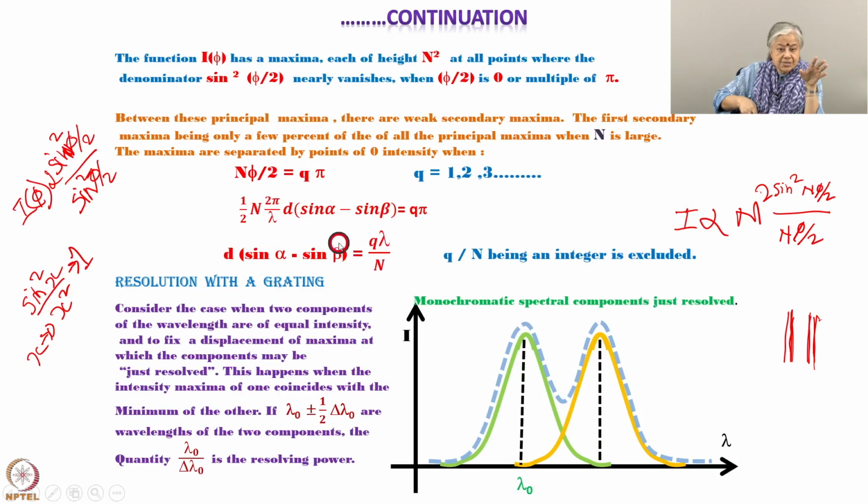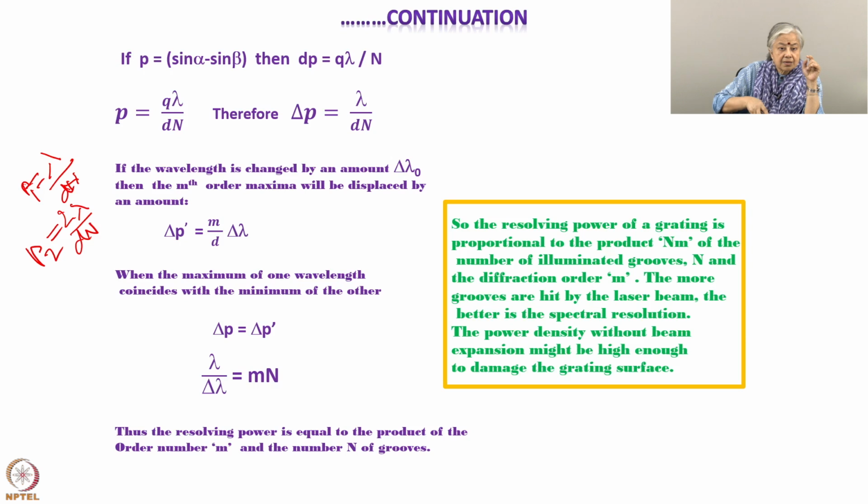From that, I get delta p dash is equal to m by d into delta lambda. So in place of lambda, I put lambda 0 plus delta lambda 0, and in the next one I put only lambda 0, and subtract the two, and I will get this.